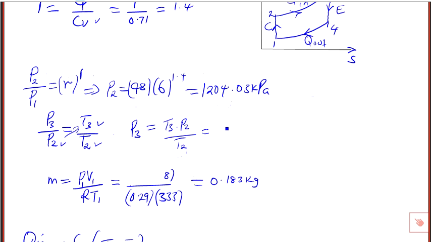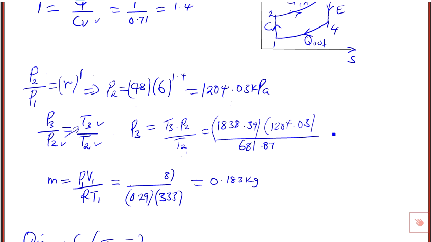Our value of T3 we found to be 1838.39 Kelvin, multiplied by P2, which we just found, 1204.03, and everything divided by T2, which was confirmed to be 681.87 Kelvin.